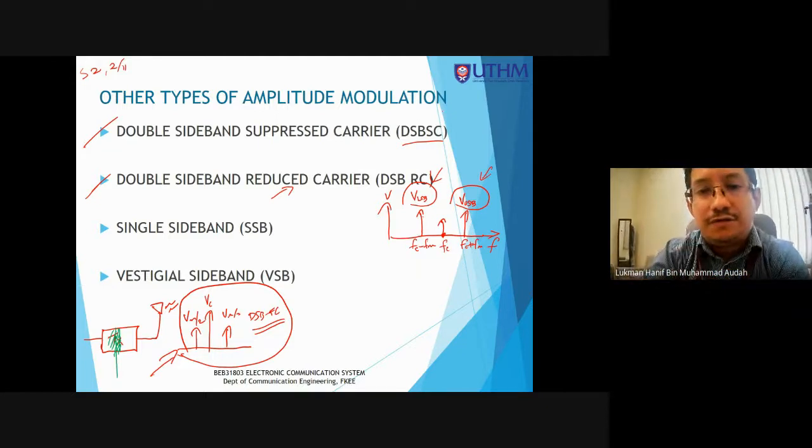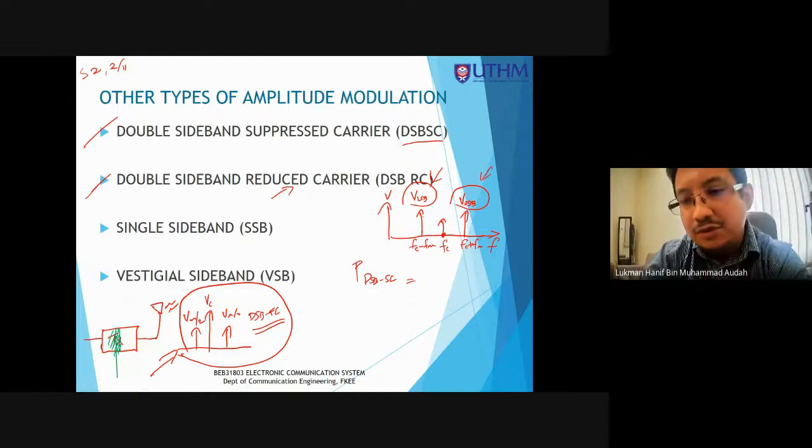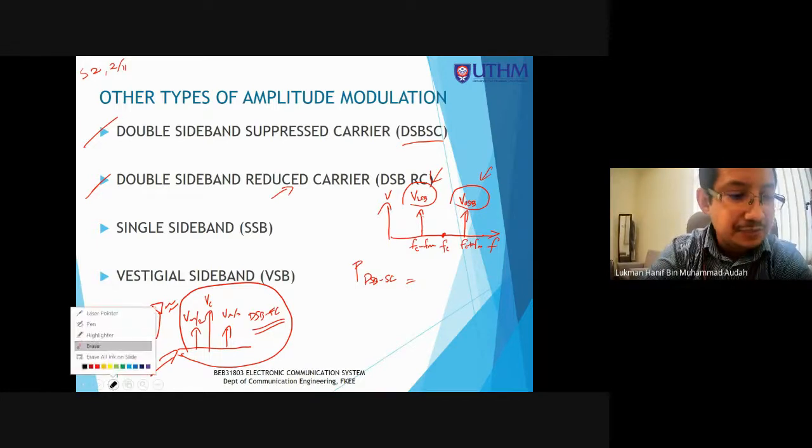Okay, for double sideband suppressed carrier, when we talk about the power, let me erase here first. We go back briefly to double sideband suppressed carrier.